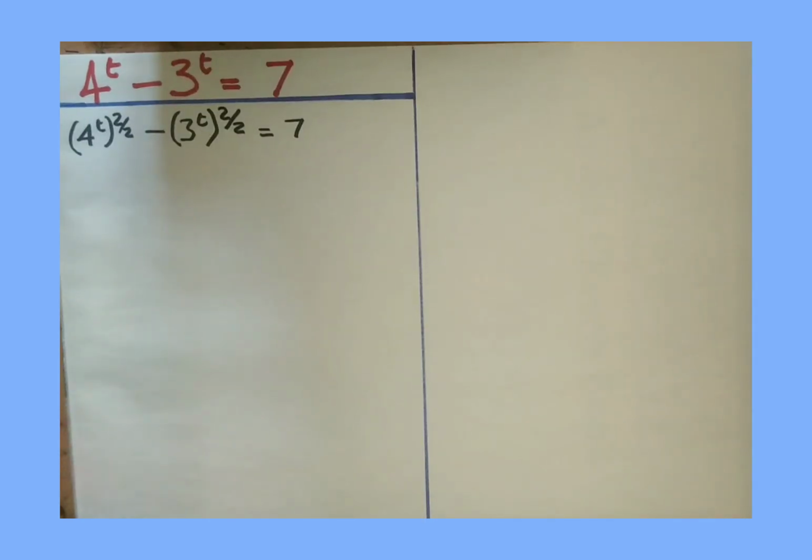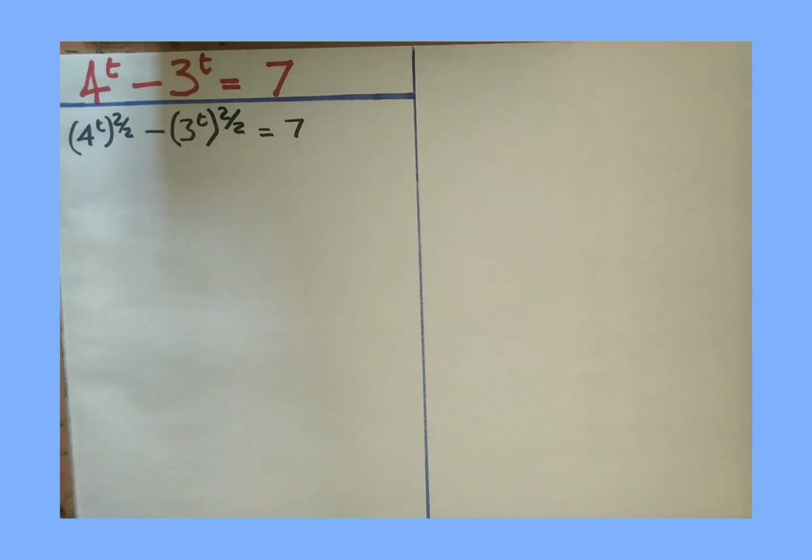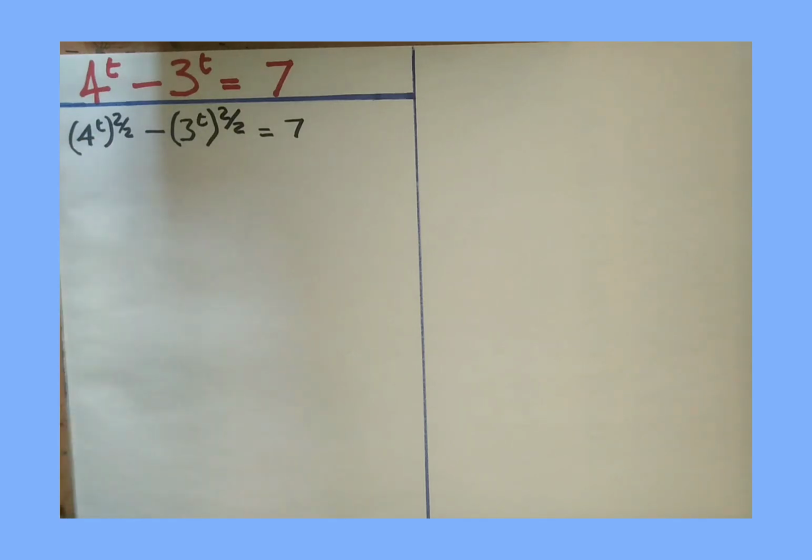Now notice I haven't changed anything here because 2 over 2 is 1, and 4 raised to the power t raised to the power 1 is just 4 to the power t. The same applies to 3 to the power t.